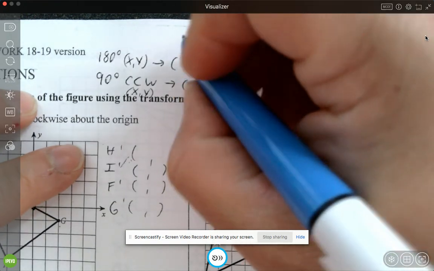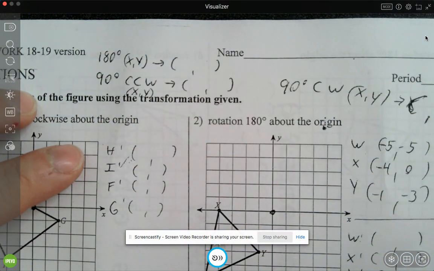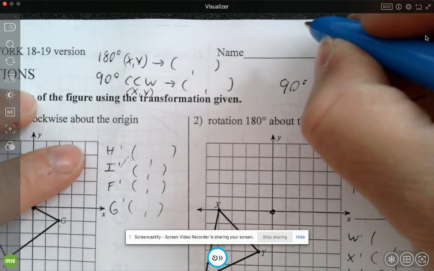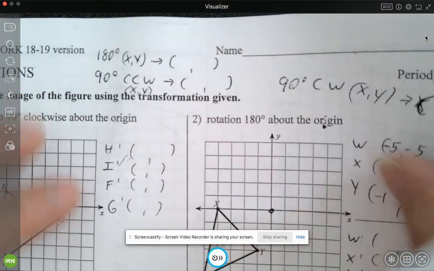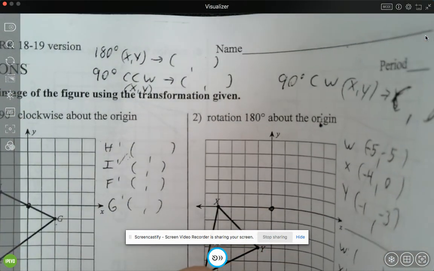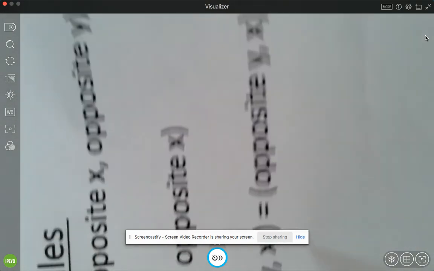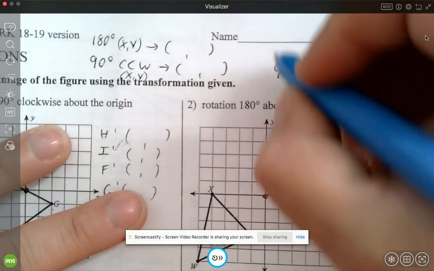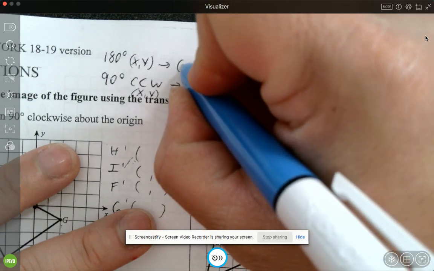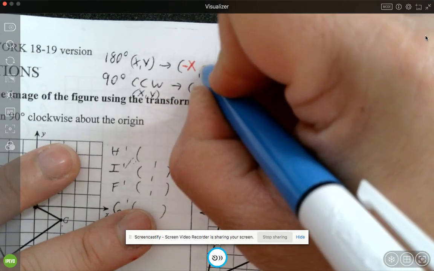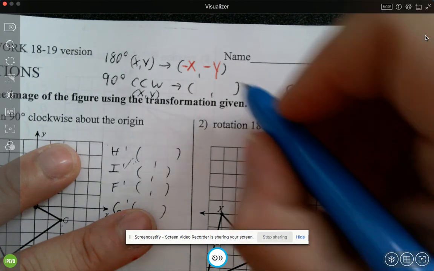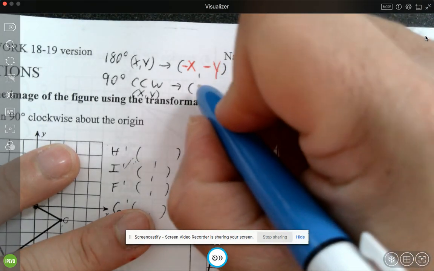So at the top, though, I'm definitely going to put here for you guys the rules, so you have them. They're actually on the next page, all the rules here after page 36, which should be 37. But I'll write them here just because it's easy to refer to. So opposite X, opposite Y for the 180. For counterclockwise, think of Bella there.